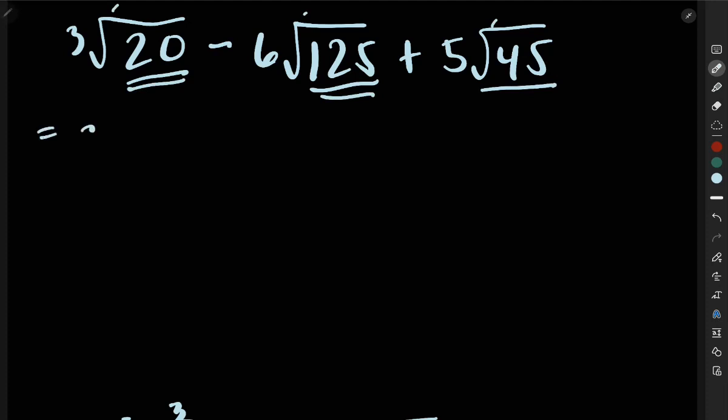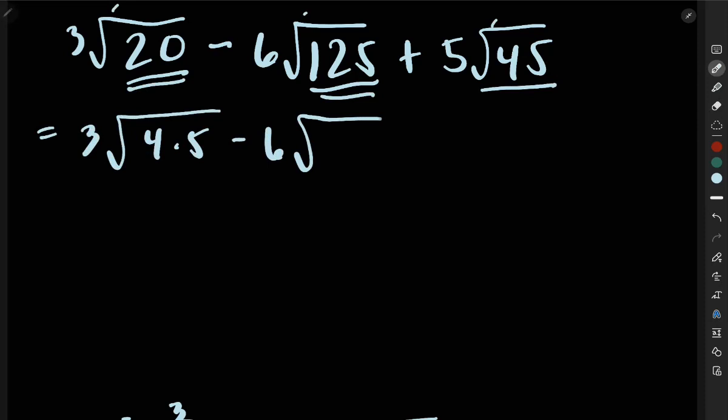Let's break it to 20 as 4 times 5, sorry. So let's make it 4 times 5. And then this is 25 times 5. And here it's 9 times 5 because it's 45.